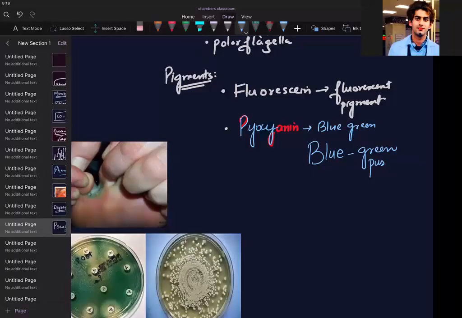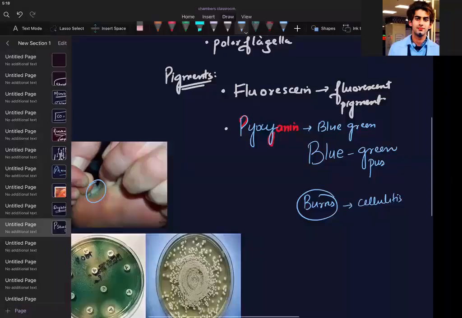Mostly it is a classical sign in patients who have got burns. A patient got burns, and then he got cellulitis, a spreading infection of the skin. There we saw that blue-green pus, and most likely the organism will be Pseudomonas aeruginosa.